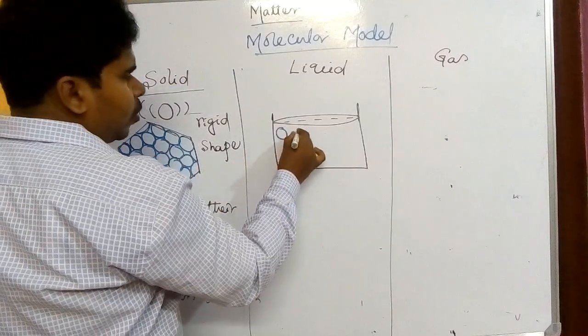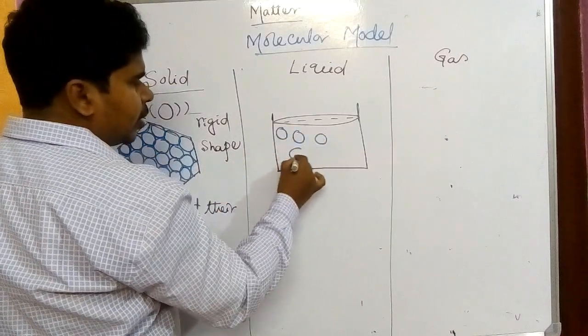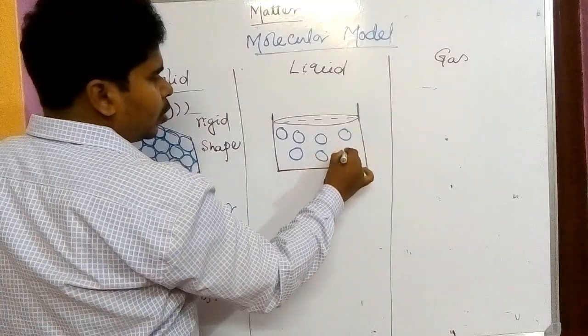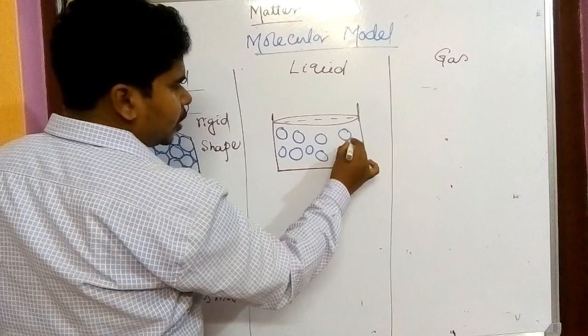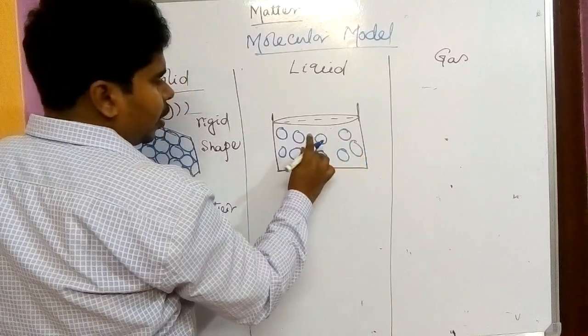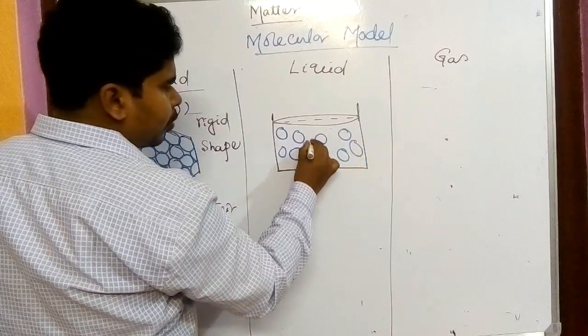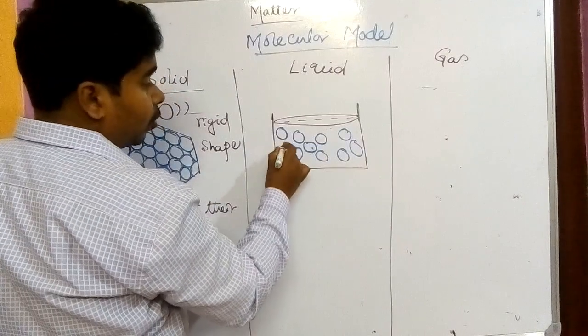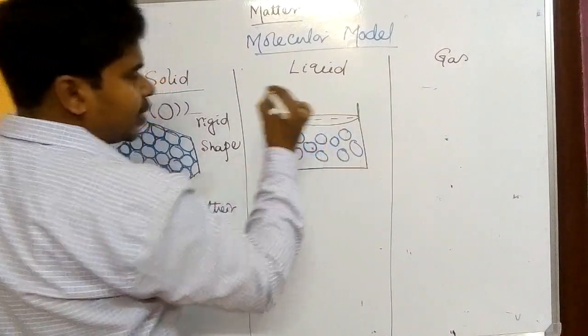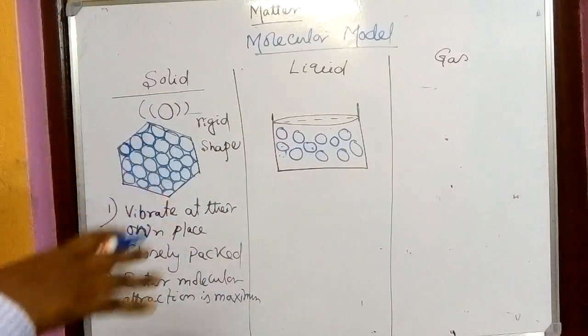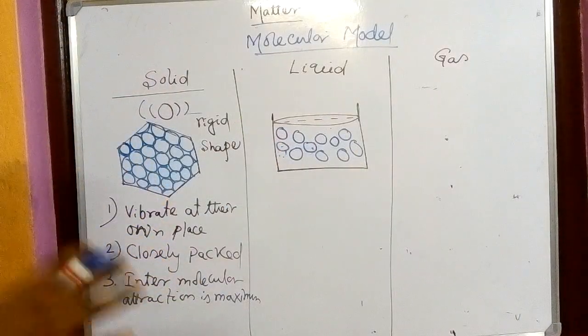Inside the liquid, the molecules are staying like this. They are not as compact as in solid. They are just arranged this way. The shape should be the same; maybe I have drawn by hand so the shape is a little different, but these are the arrangement of molecules inside the liquid.